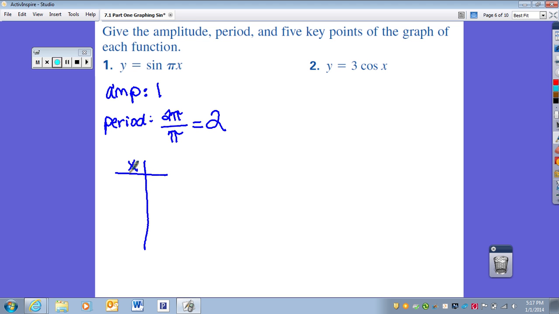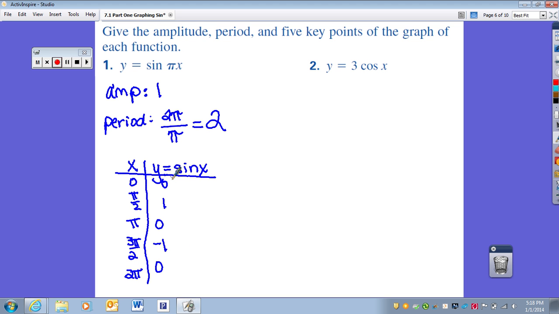So we have our x, and our y is equal to sine of x as our basic function. If you recall, with our basic function, we have 0, pi over 2, pi, 3 pi over 2, and 2 pi. And our values for sine are 0, 1, 0, -1, and back to 0.